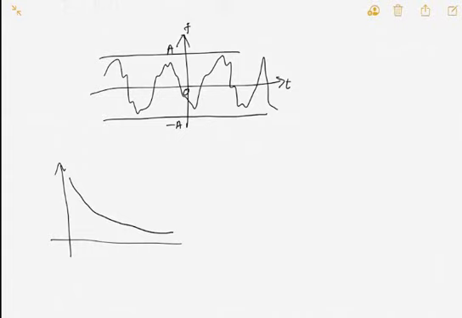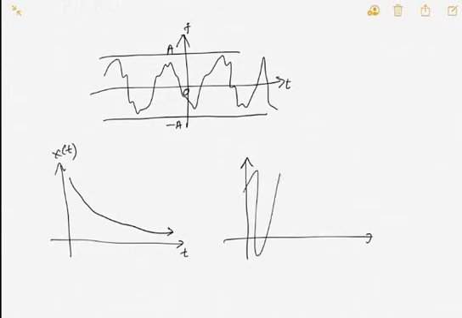It goes to 0. Okay, it goes to 0 and converges. Or we can say that the signal is like this. This goes to 0. Okay, this is a decaying signal.